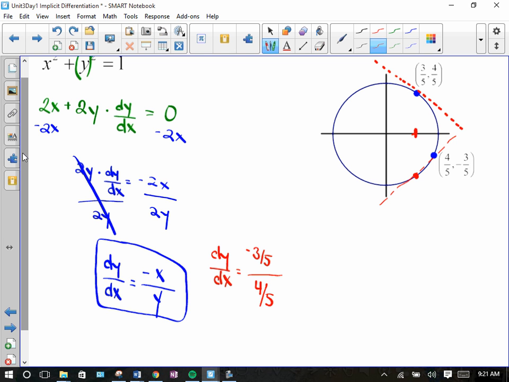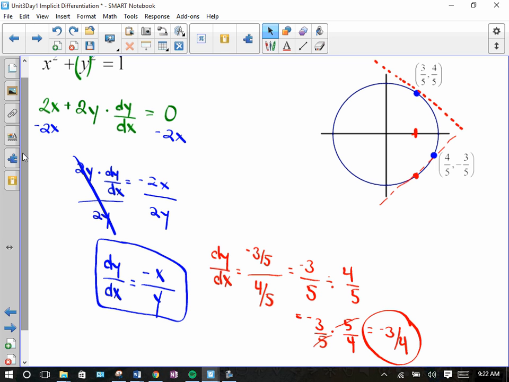So negative 3/5 divided by 4/5 is equal to negative 3/5 times 5/4. The 5's cancel out, it's equal to negative 3/4. So what we figured out is that the slope of the tangent line at this point, 3/5, 4/5, is equal to negative 3/4.